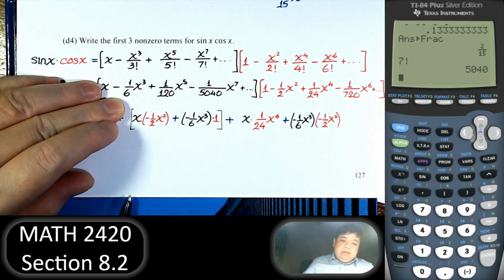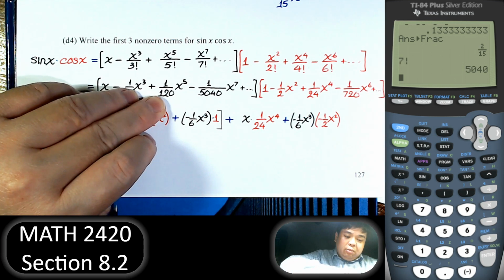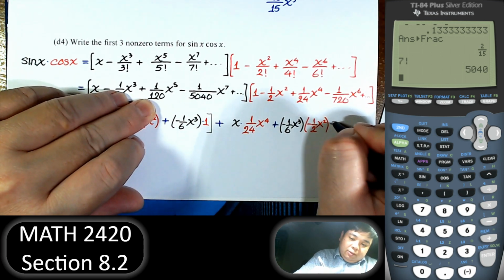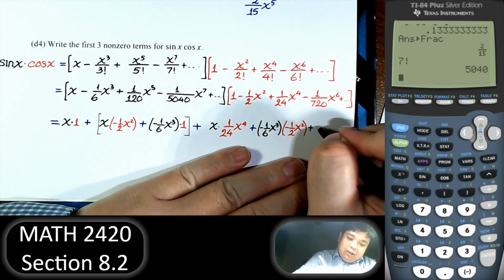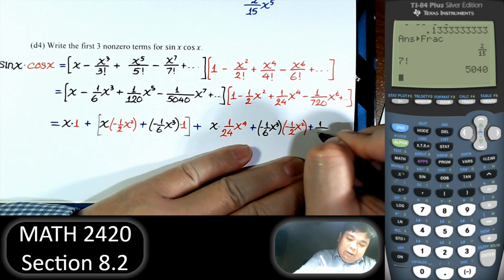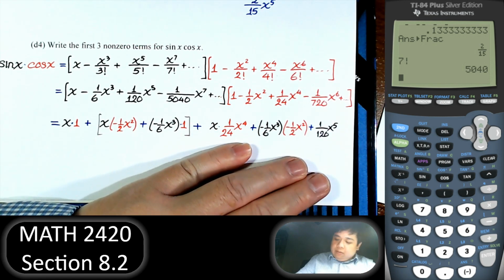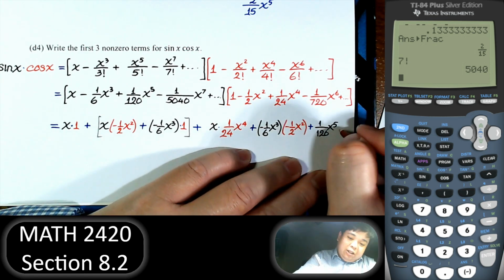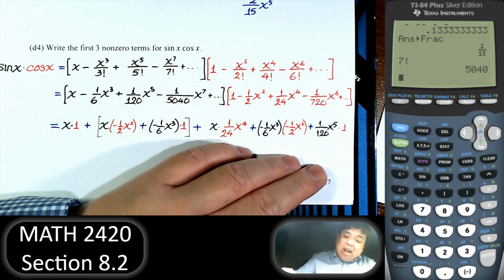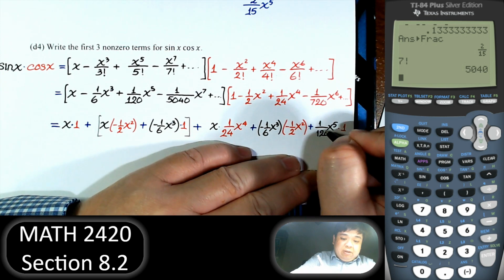That's still x to the 5th. Or we can take 1 over 120 x to the 5th times 1. So those are the combinations that give us x to the 5th, right?